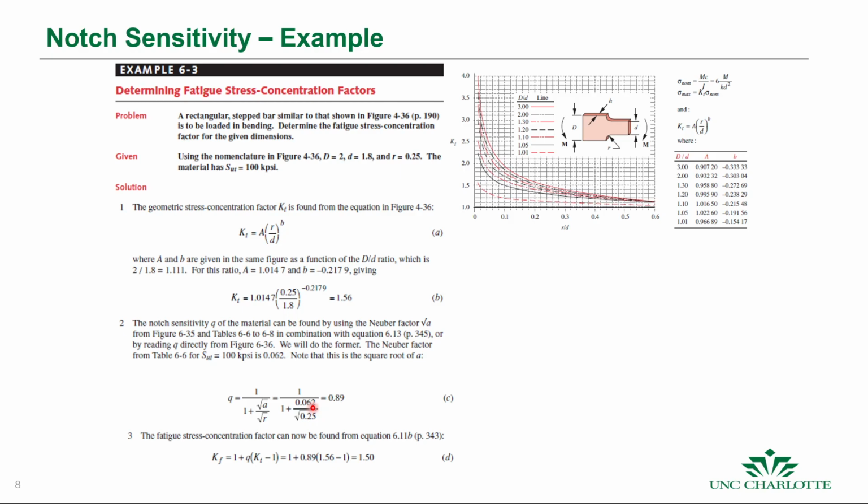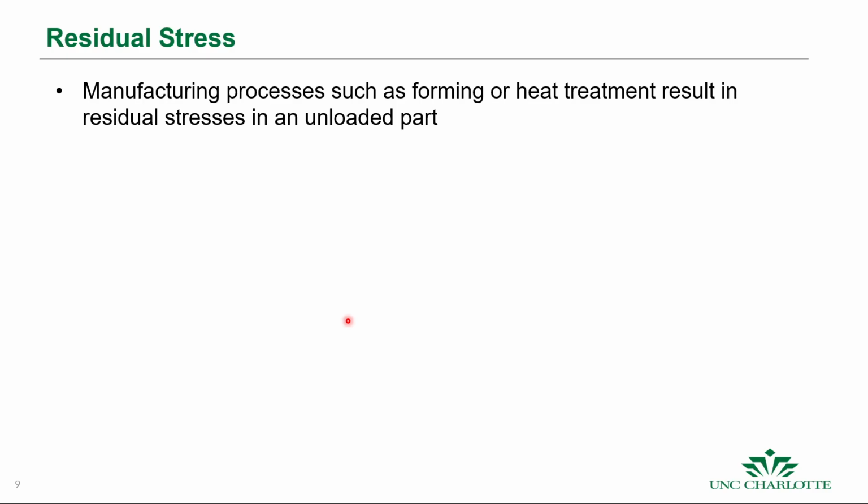Okay. So doing that, we actually see that we have a fatigue stress concentration factor that's slightly lower than our static stress concentration factor. Okay. So that's how we go through that process. And that's obviously not always the case that it's lower.